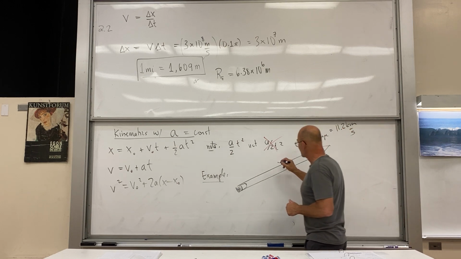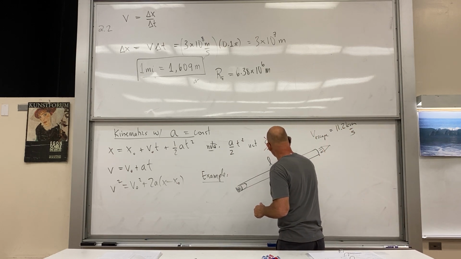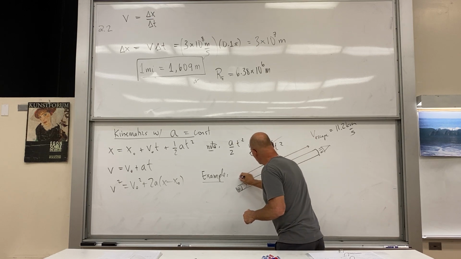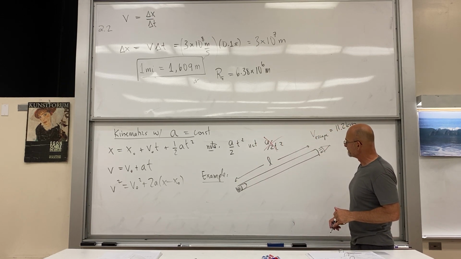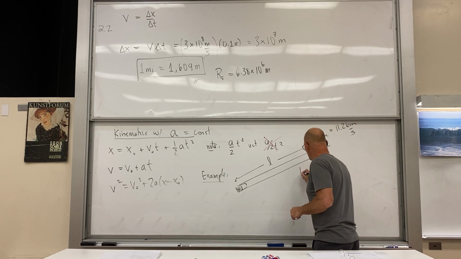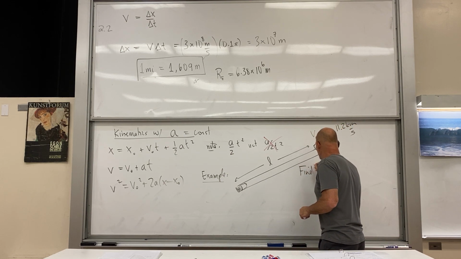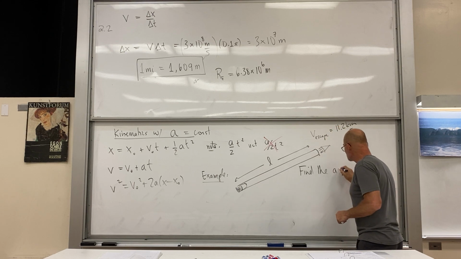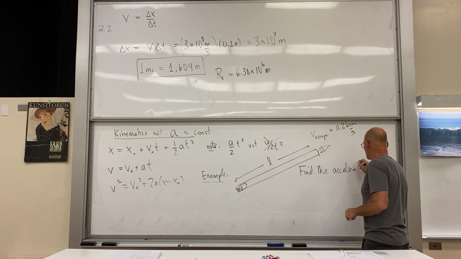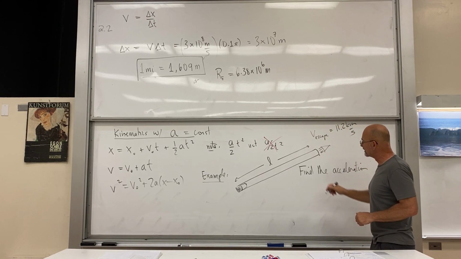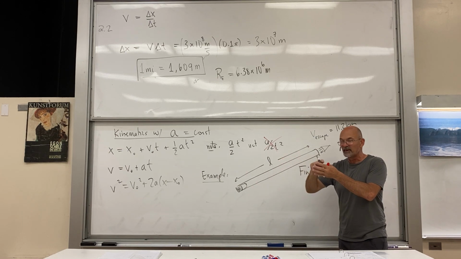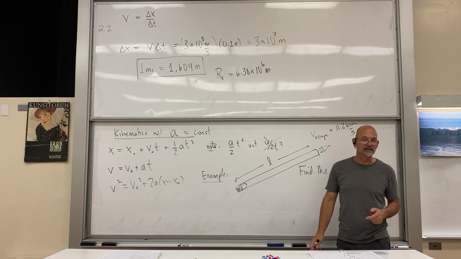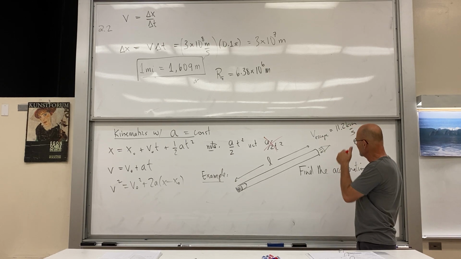Okay. So we have the length of this cannon, and we want to find the acceleration given a cannon of a certain length. If this were the science fiction cannon, you know, maybe it's the length of a couple football fields. Okay, it could be very long.